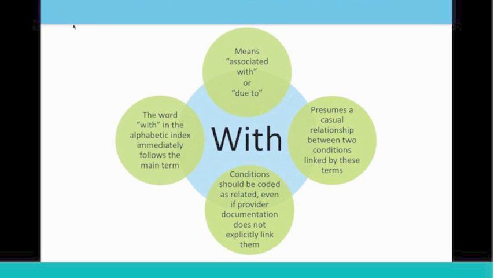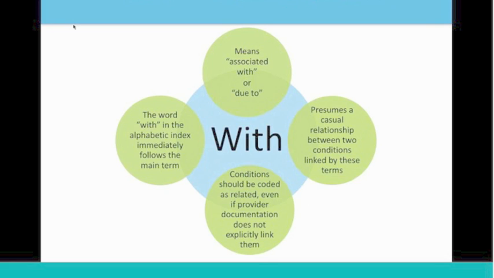One of the first changes is for the word with and how it's interpreted. The word with should be interpreted to mean associated with or due to when it appears in a code title. It is to presume a causal relationship between the two conditions linked by the terms in the alphabetical index.